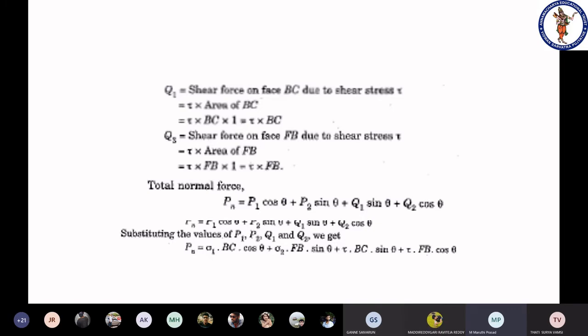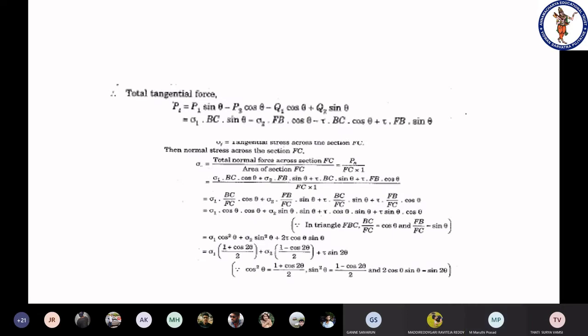Similarly, we have calculated the tangential load, whichever may be acting on plane FC, right? So that is nothing but P1 sin theta minus P2 cos theta minus Q1 cos theta plus Q2 sin theta.